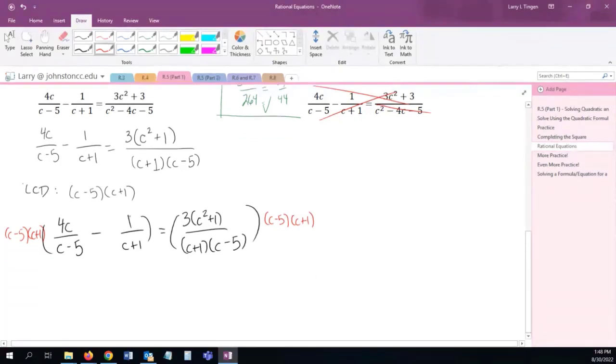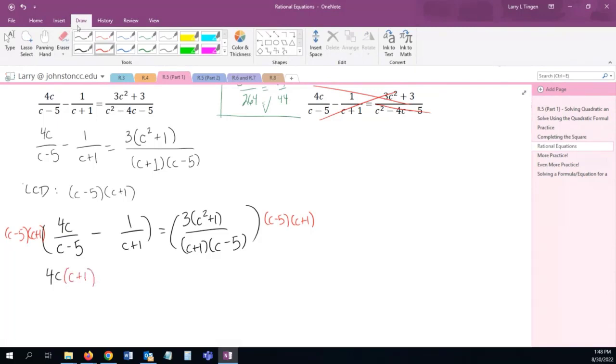And what happens? When I multiply the first term by c minus 5 times c plus 1, the c minus 5's divide, and that leaves me with 4c times c plus 1 minus, and if it helps, I can do the colors. The 4c was already there.